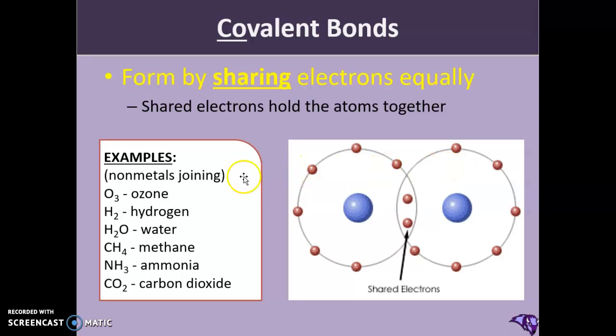Most covalent bonding occurs with nonmetals, 2 or more nonmetals. So here you have O3. Oxygen obviously is a nonmetal. 3 of them together bonded, you get ozone. H2, hydrogen, H2O, water, etc. So the sharing of those outer electrons is called a covalent bond. And that's what keeps those atoms together.